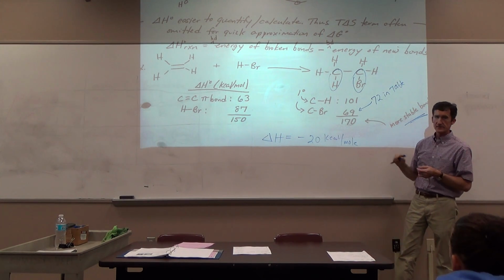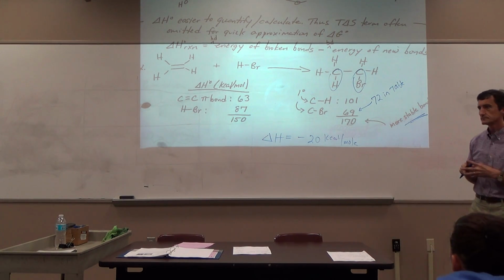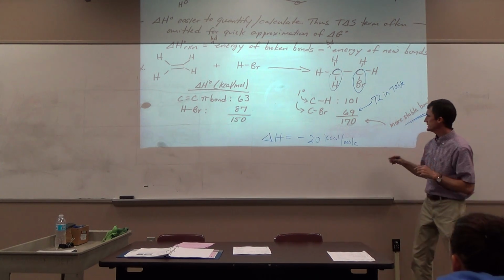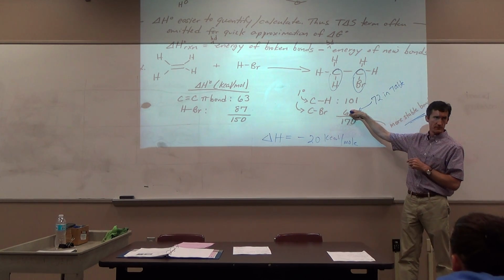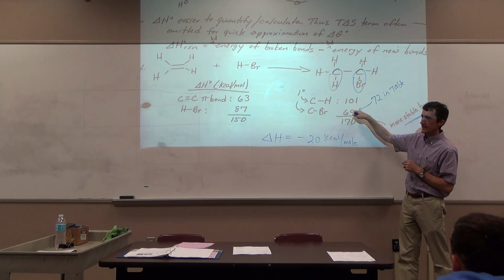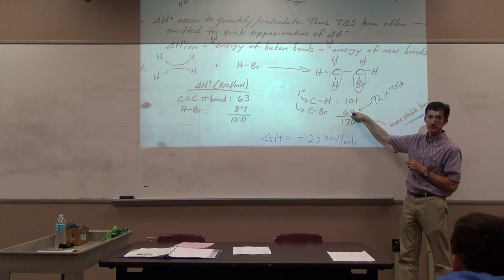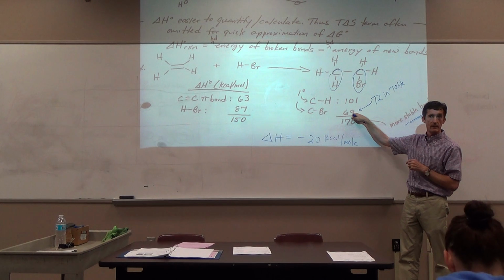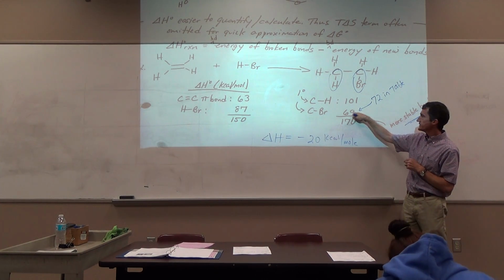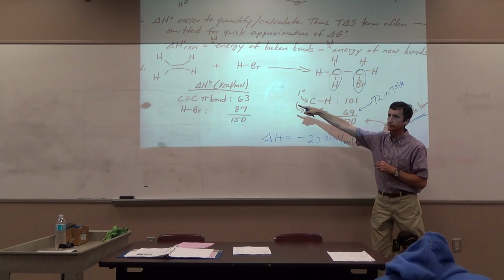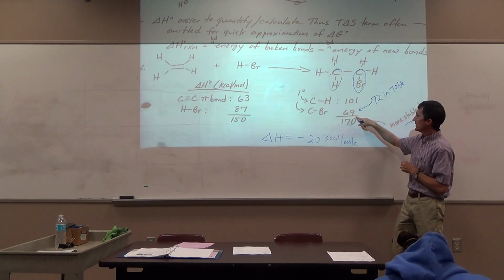So is this reaction endothermic or exothermic? Well, let me go back here. This side's more stable. Is this side higher in energy or lower in energy? Lower in energy. More stable bonds, lower in energy. Since they're lower in energy than those, where did the energy go when these were made?